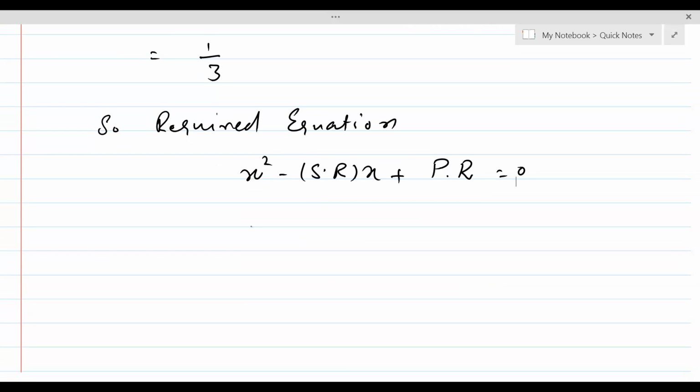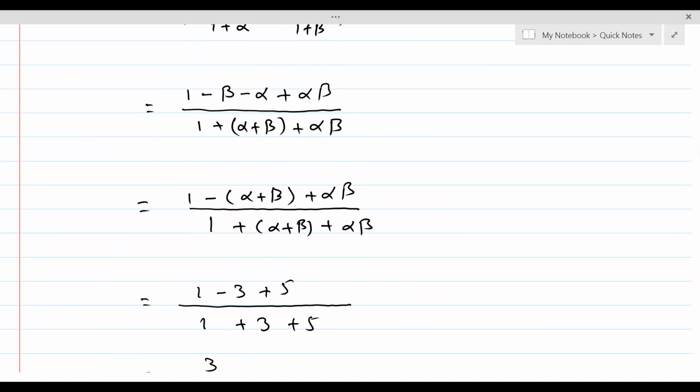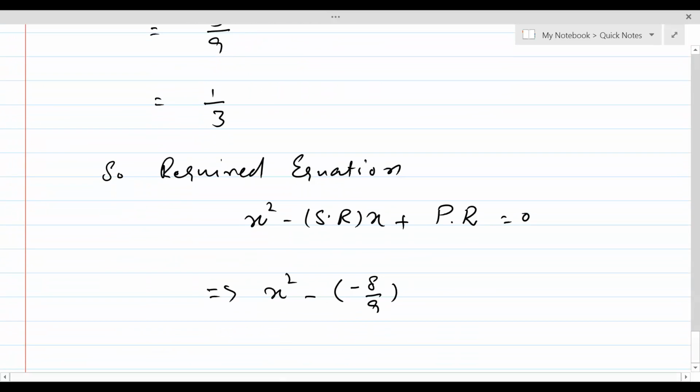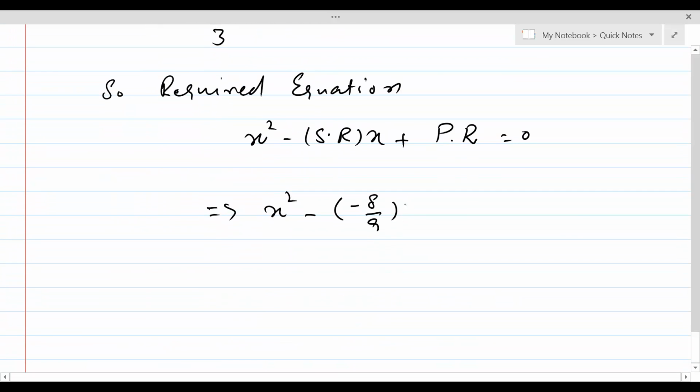So here we have x square minus 8 over 9, which we calculated for the sum of roots, times x plus product of roots, which is 1 over 3, or you can write 3 over 9, equal to 0.